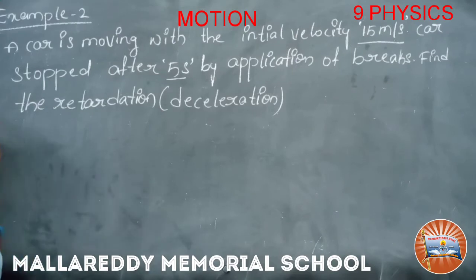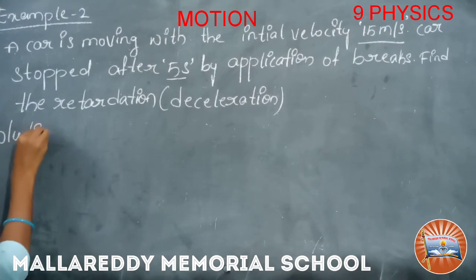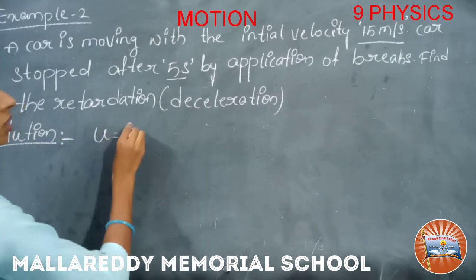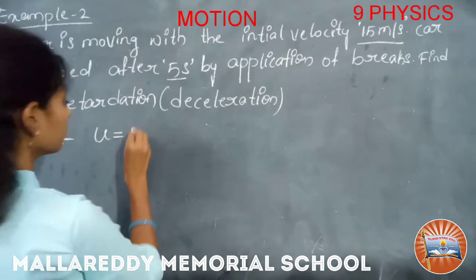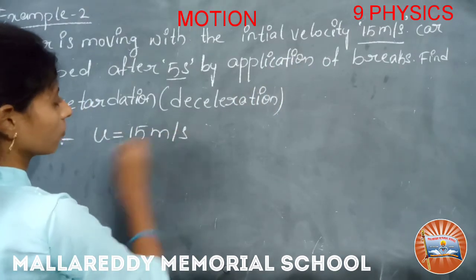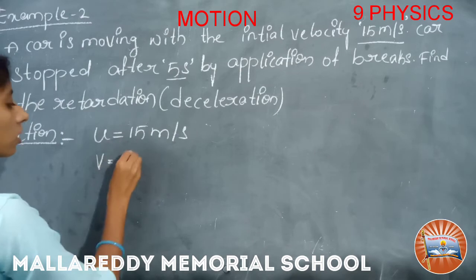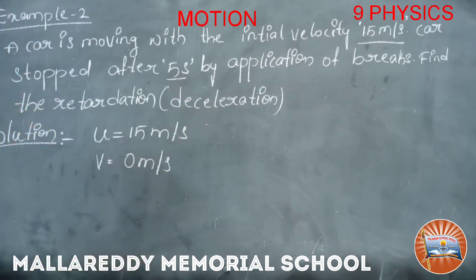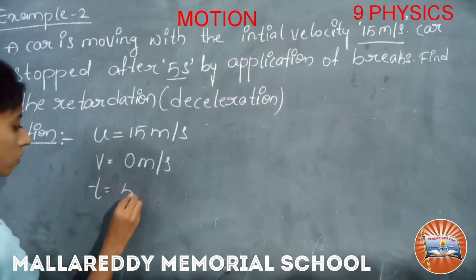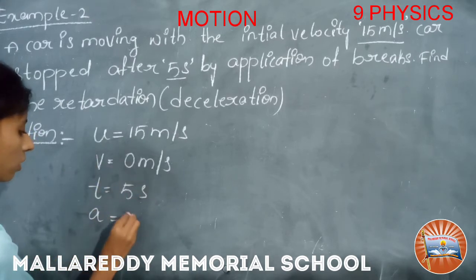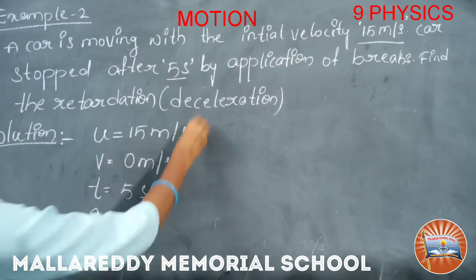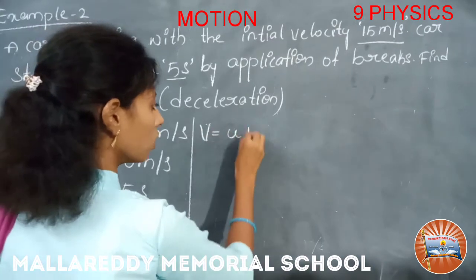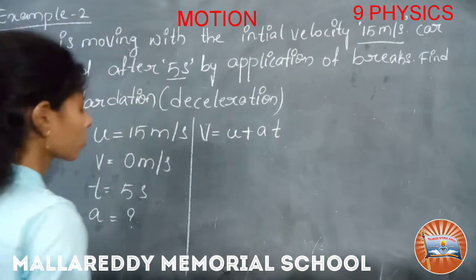So first of all we have to write the values which are given. So initial velocity u is equals to 15 meter per second and final velocity, not given, just time is given, so v is 0 meter per second and t is equals to 5 seconds and a we have to find out. So now take the equation v is equals to u plus at.